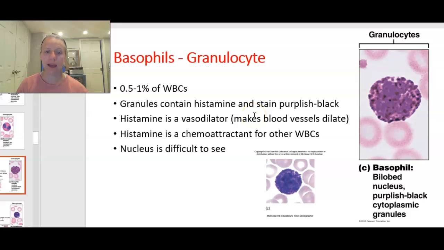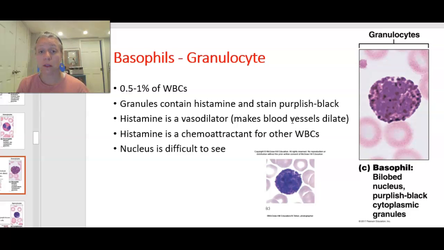So again, we're going to come back to a lot of these things later, but they make blood vessels dilate, so they increase in size. And what that does, particularly when you are having an infection or you're suffering from inflammation, it makes areas swell, right? Makes them red, okay? And you might say, well, that's not a good thing. We don't want that.